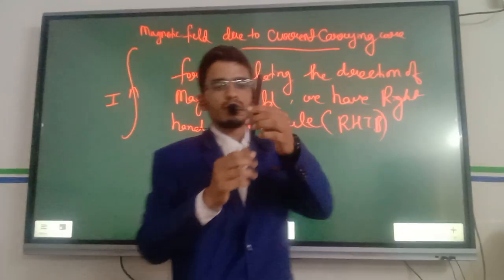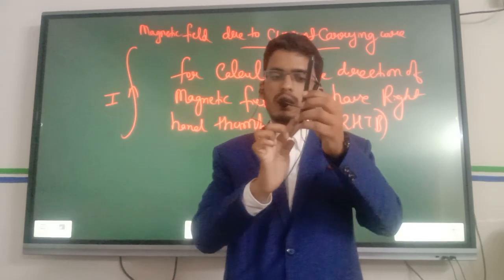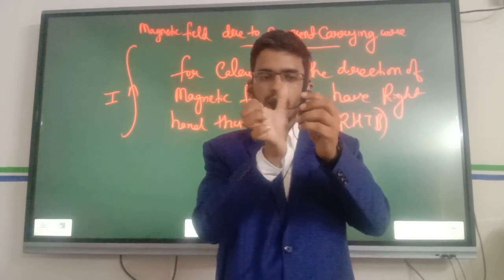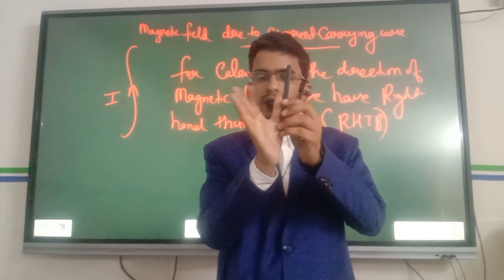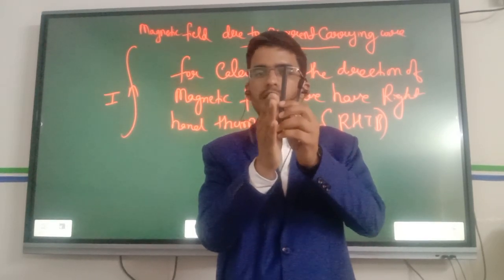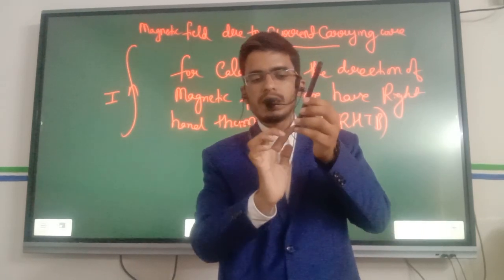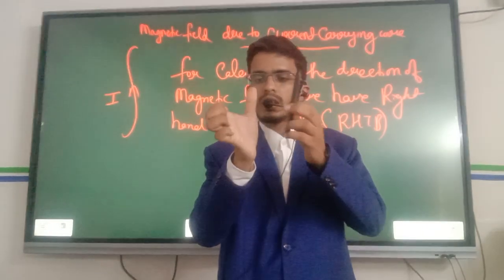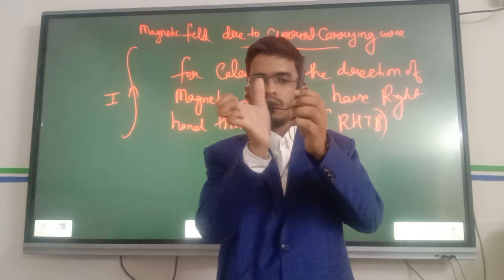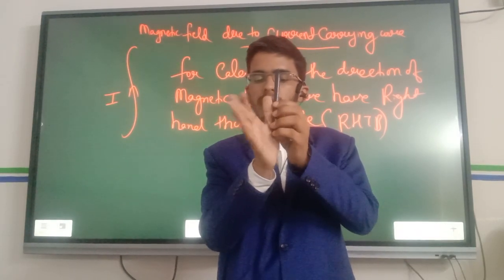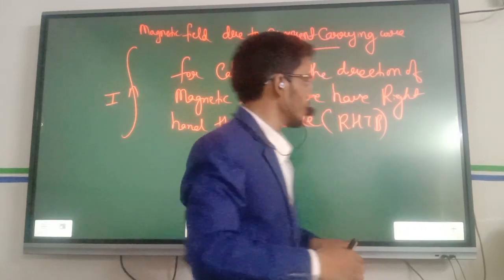Suppose this is a wire and current is passing in this direction. So first we put our thumb in the direction of current and the curls indicate the direction of magnetic field.